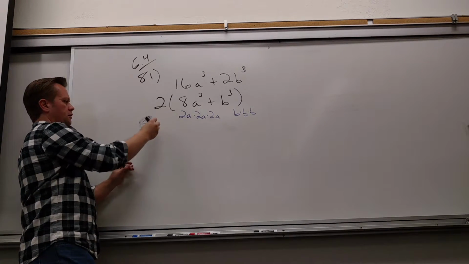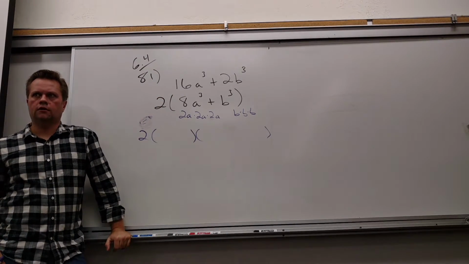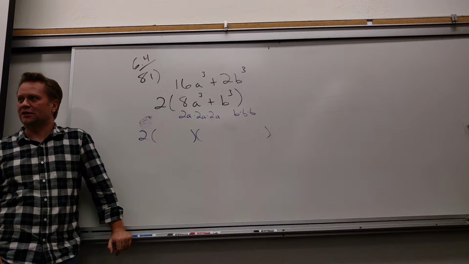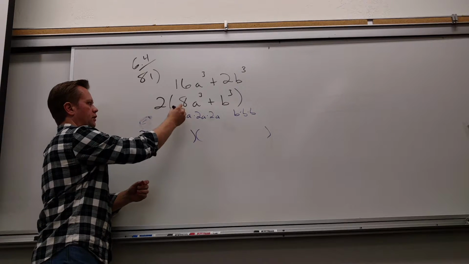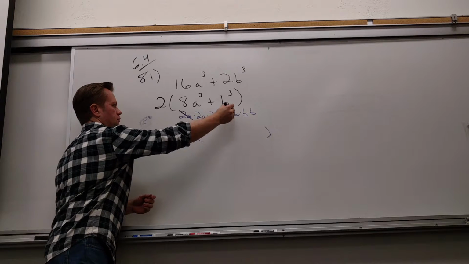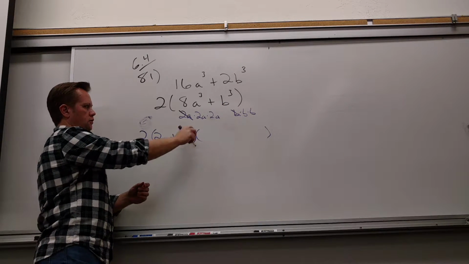So write the 2, and then you've got a little guy and a big guy. So in the little guy goes one of each plus B. So if I put one of each in there, yeah.